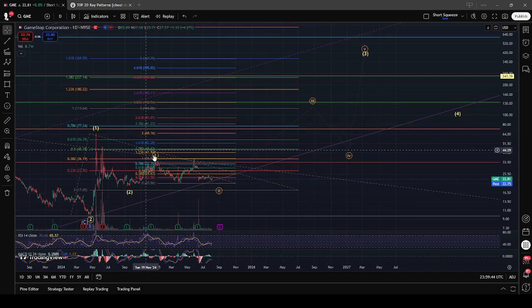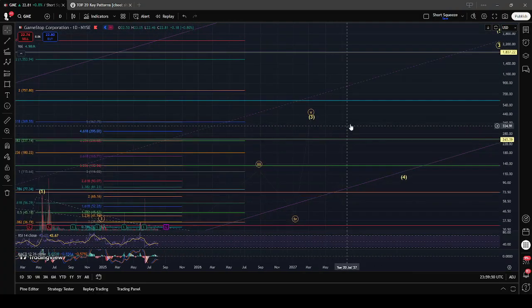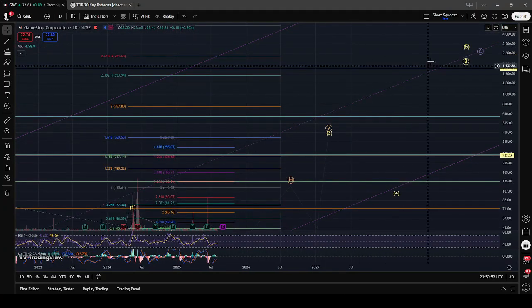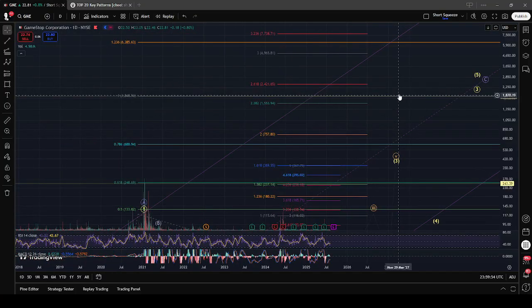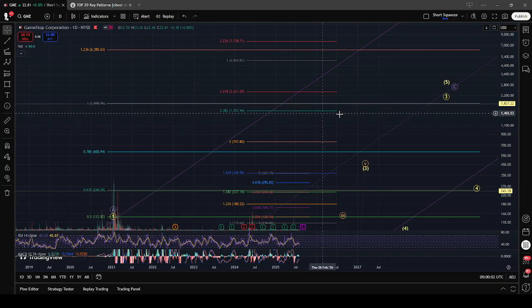So this is only 1, 2, 3, ending over here at $370 before we ultimately go into 4 and then 5 territory, which I have over here, at $1,800 roughly.